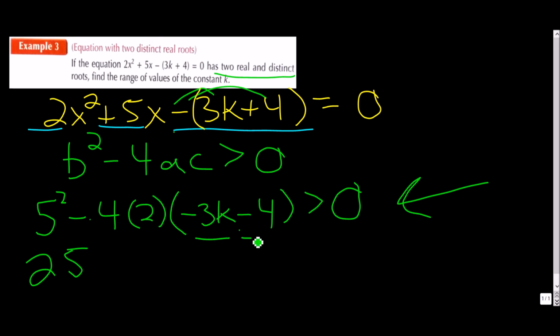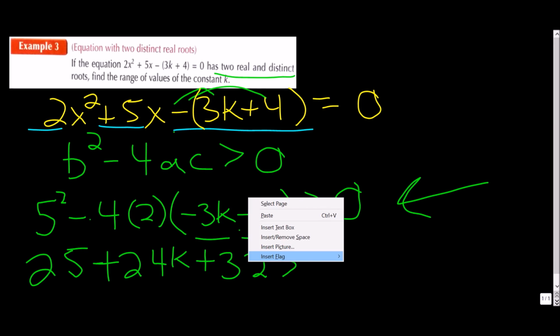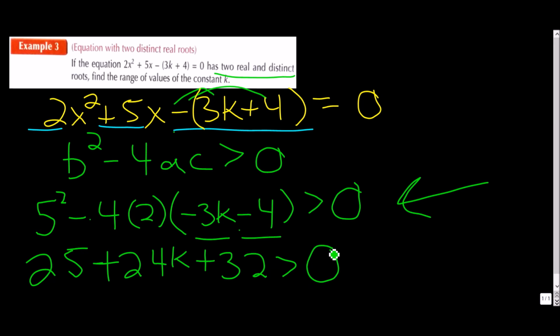Negative 8 times negative 3k makes a positive 24k. Don't forget the k. Then negative 8 times negative 4 makes a positive 32. And that is greater than 0. We're just copying everything straight down and simplifying.